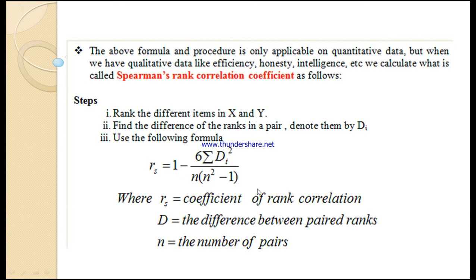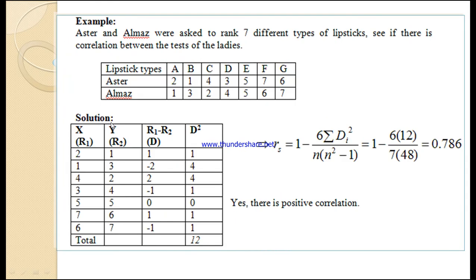Therefore, when we are calculating the correlation coefficients on qualitative data like efficiency, honesty, intelligence, and other variables, we need to work through 3 steps. Let us deal with one illustration. Suppose that Aster and Almas were asked to rank 7 different types of lipsticks.